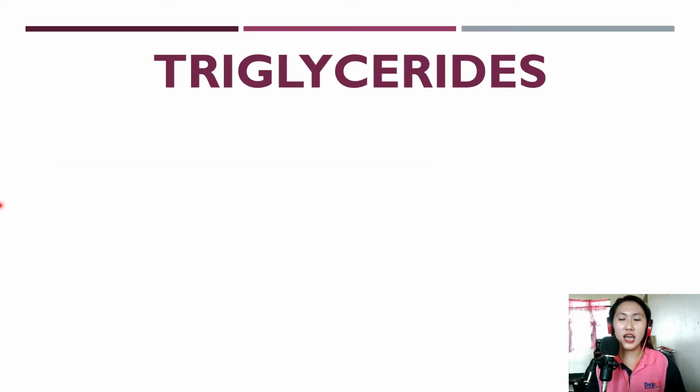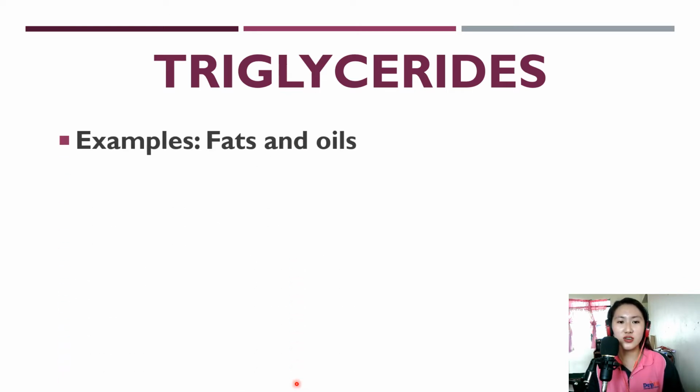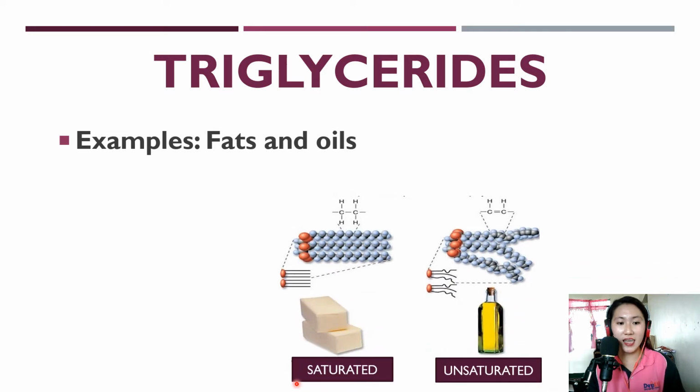So the first category of lipid is the triglyceride. Examples of triglycerides are fats and oils. Okay, so fats here are solid at room temperature. They are used by animals and humans for insulation, protection, and long-term energy use. They are usually saturated.